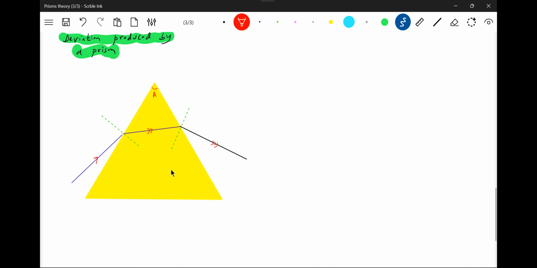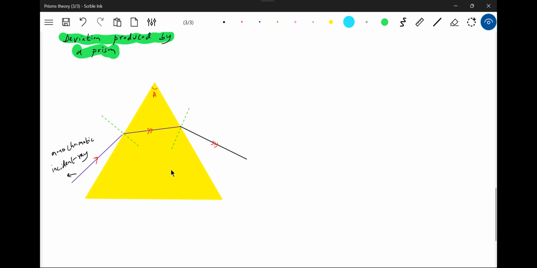I'm again showing a principal section of a triangular prism. This is the principal section of a triangular prism. This particular thing is an incident ray. It is monochromatic; what we discuss is a monochromatic incident ray.